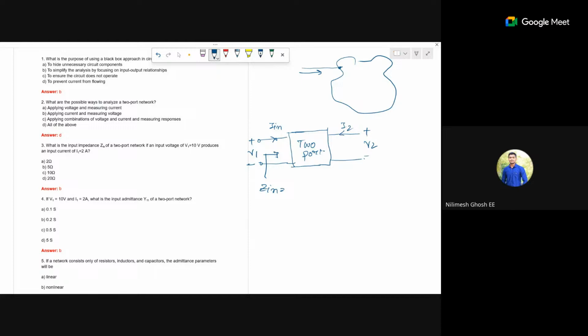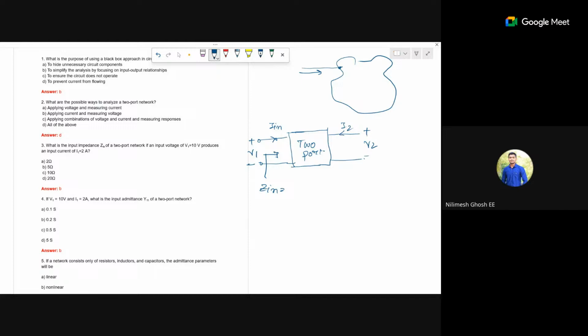When someone says we are measuring input impedance from this node, it is already assumed that the second node is the ground or reference node. This is pre-assumed, and then we solve the question. But here both the input and output ports are given.